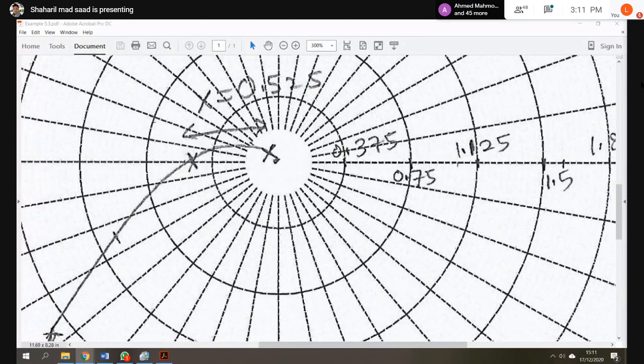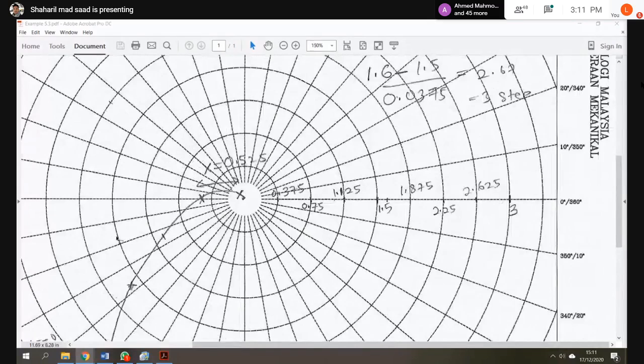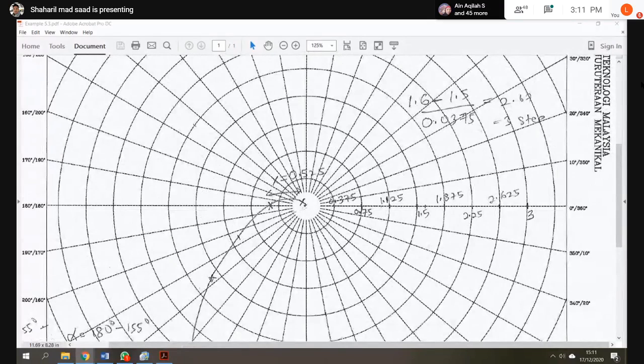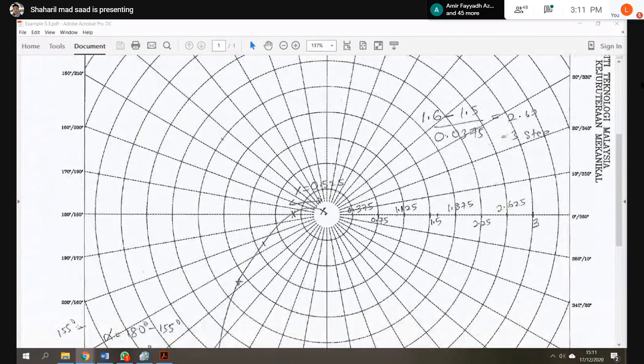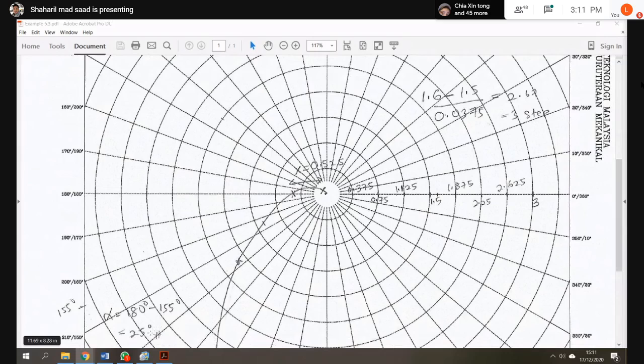And then after that you cross your line here, and you try to find the angle, and you found the angle is 155. So how much is the value of alpha? That means 180 minus 155, then you get 25 degree.